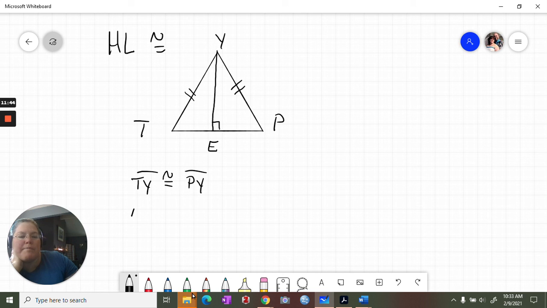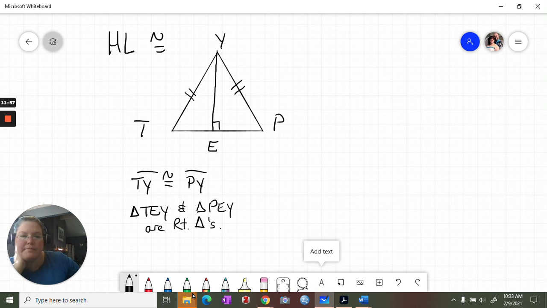And triangle TEY and triangle PEY are right triangles. Okay, so that's our given information. If I have right triangles, remember that means I have two right angles here. Okay, what else do we see in our diagram?